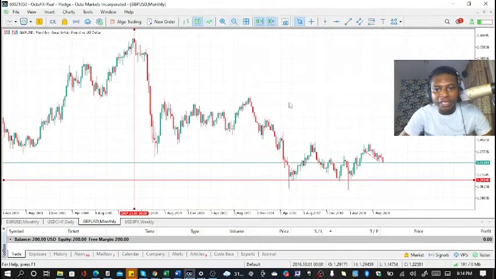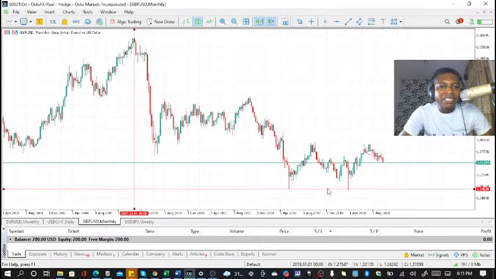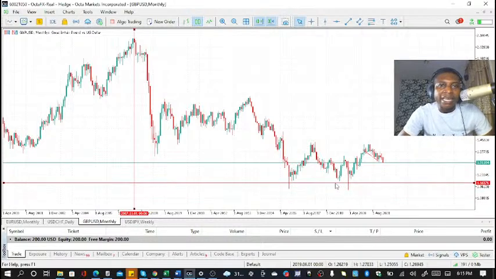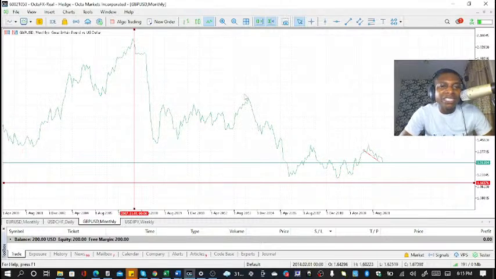Let me show you what I'm saying. You can see a rejection candle here. That might make you think this area is very significant, but the line chart will tell you the significant areas that you need to watch out for.